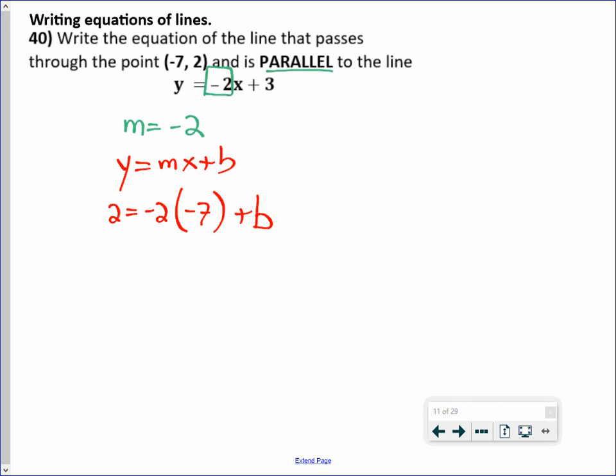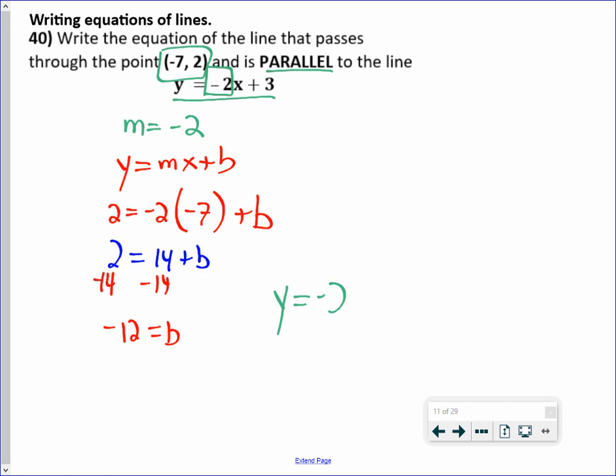The only thing I don't know is my b, but I can figure that out. And so 2 equals 14 plus b. Subtract 14 from both sides, and I get b equals -12. So the equation of my line parallel to this that passes through that point is y equals -2x minus 12.